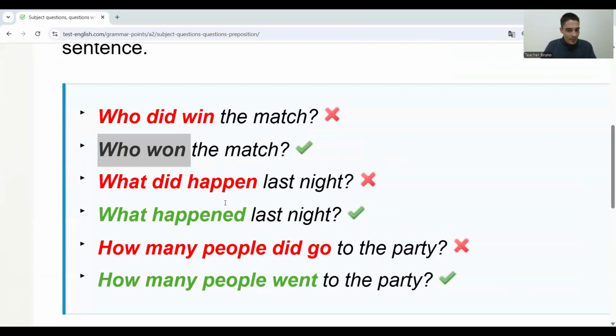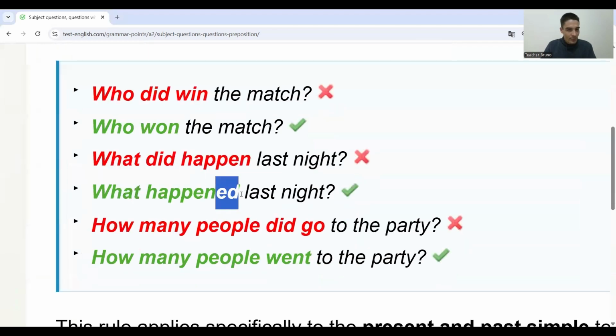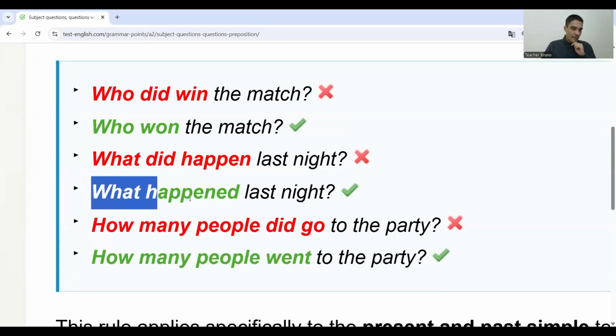What happened last night? The verb is in the past. Normally, we say, what did you do? But what did you do yesterday? The subject is you. You are the subject. What did you do? What happened last night?